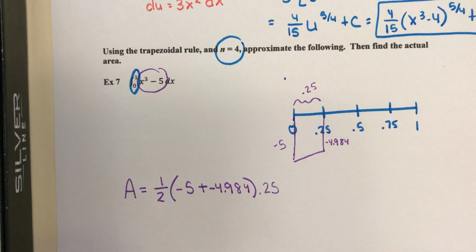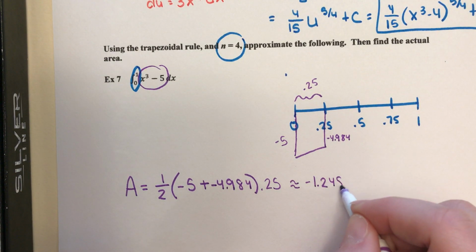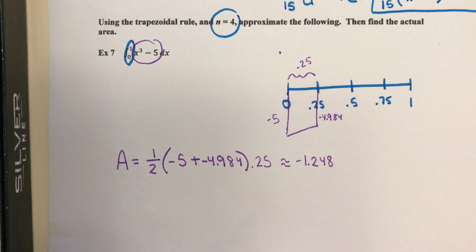So I'm going to calculate that first area there. That gives me -1.248. So that's my first trapezoid.